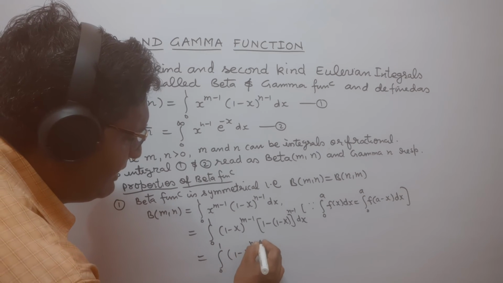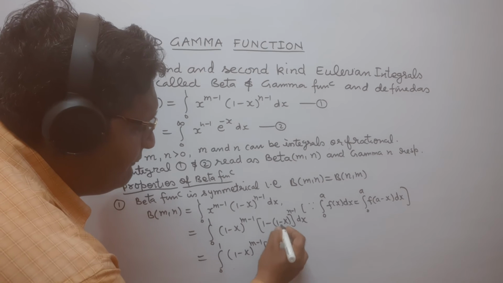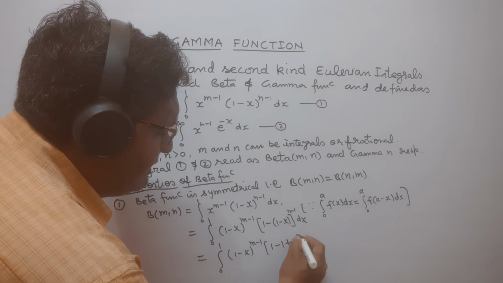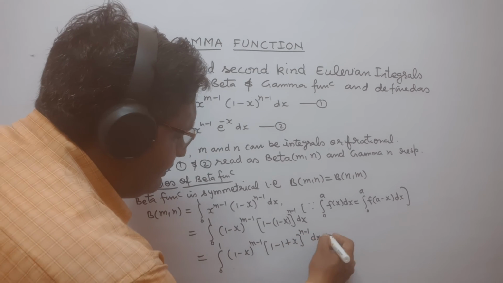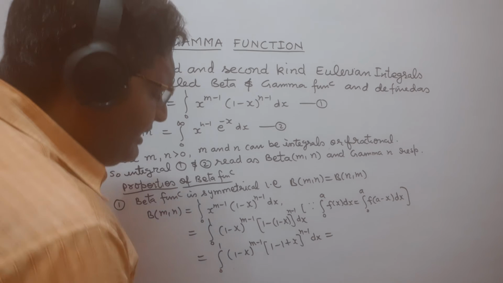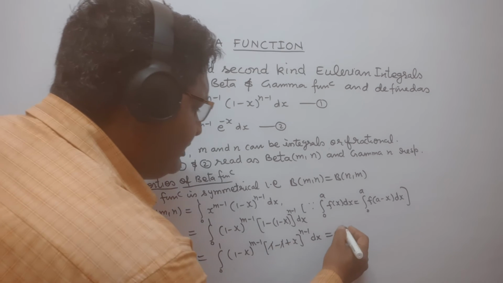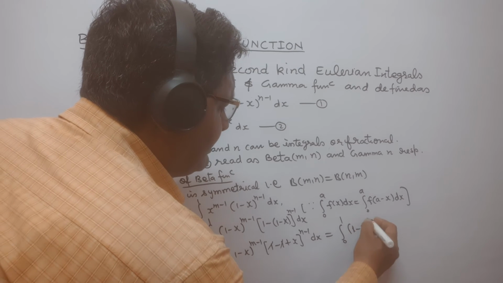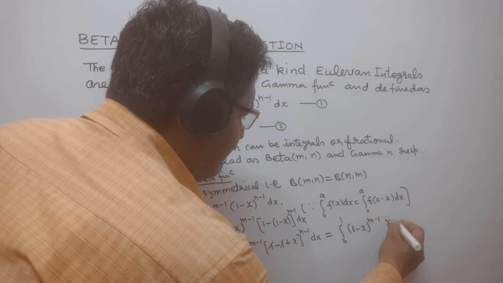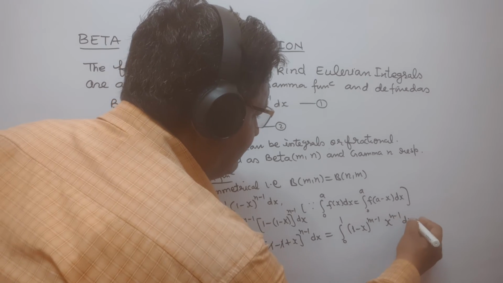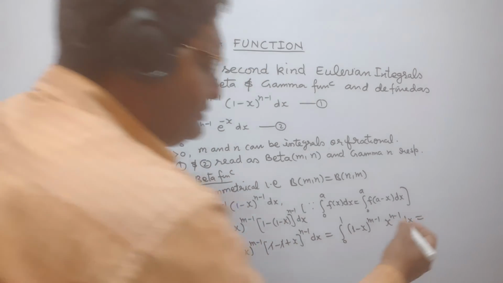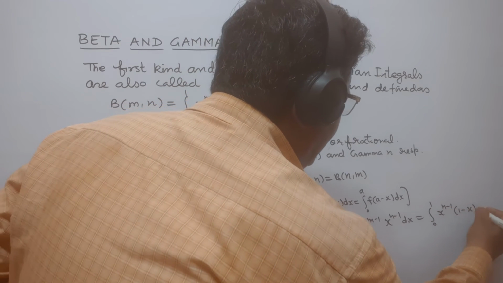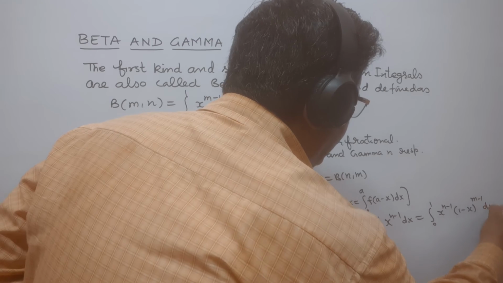Opening the bracket, 1 minus 1 plus x, so the 1 cancels out, and this is equal to integral 0 to 1 (1 minus x) whole power m minus 1 multiplied by x to the power n minus 1 dx. So this can be written as integral 0 to 1 x to the power n minus 1 multiplied by (1 minus x) to the power m minus 1 dx.